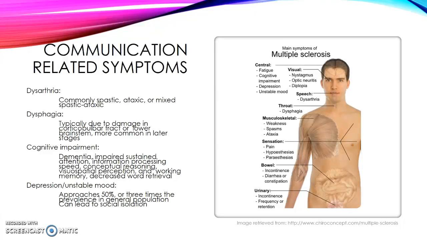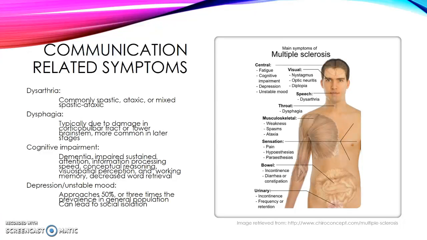Additional symptoms of multiple sclerosis include symptoms of the central nervous system such as fatigue, cognitive impairment, depression and unstable mood, vision, nystagmus, optic neuritis, diplopia. Again, with the speech, symptoms would be dysarthria and dysphagia.